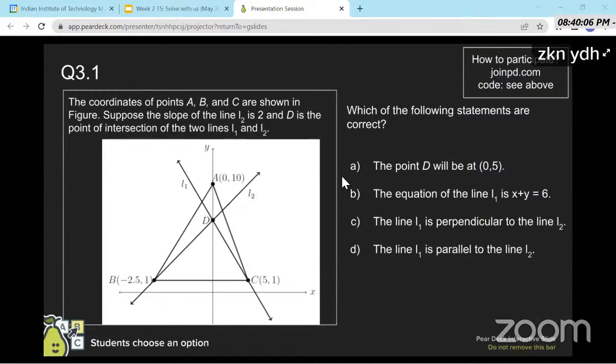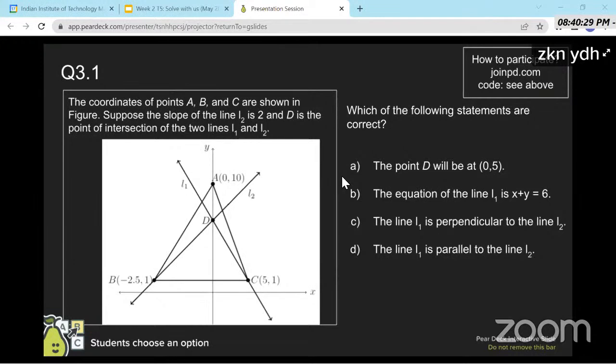Now, did you get any hint? Yes, sir. We already got the answer. I know those who have already got it, but those who are struggling, did you get any clue? Okay, if not, then you see there are some more things you can do here. Here the slope of L2 is given, right?